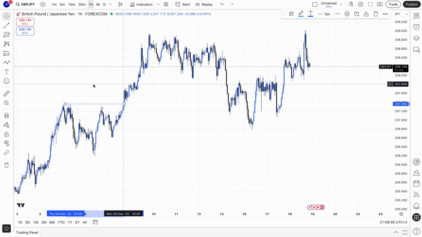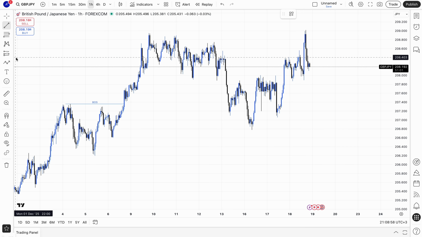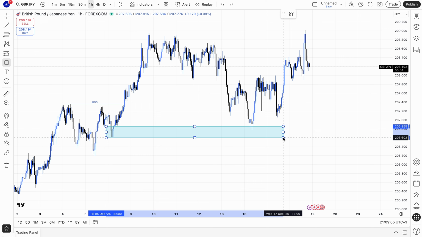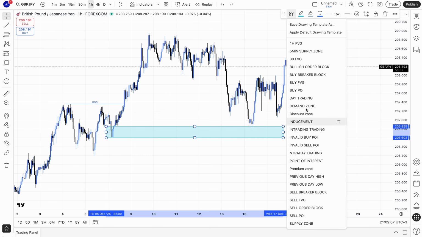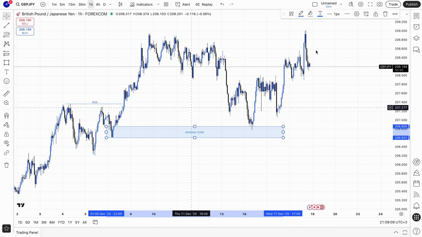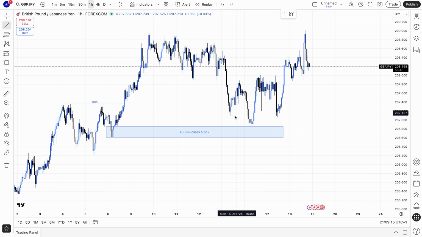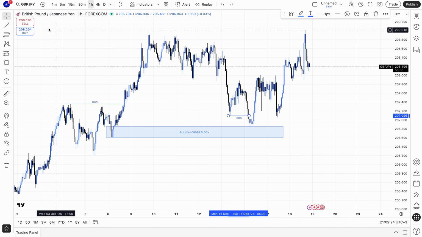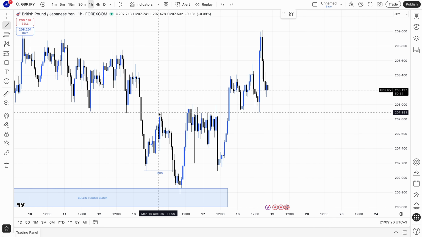Then you have a break of structure to the upside. Then the price came back, tapped in this order block. Let's call it a demand zone order block. Then you had this was the change of character to the downside. And then this was the change of character to the upside.